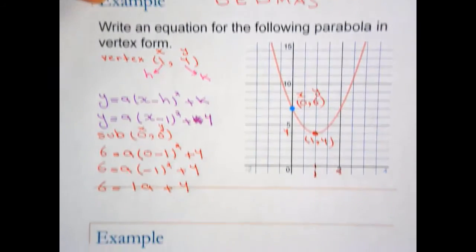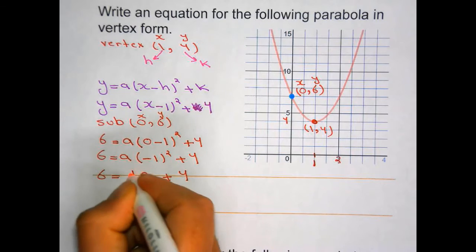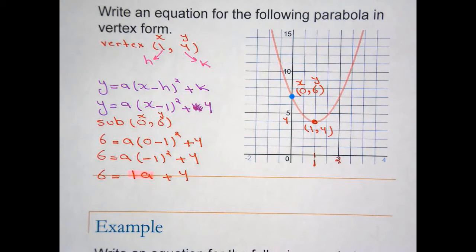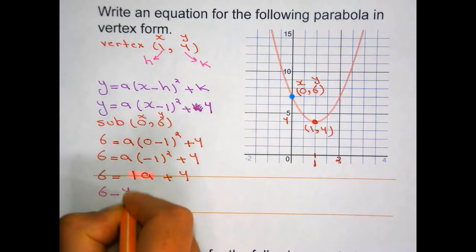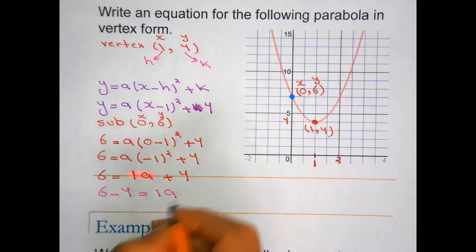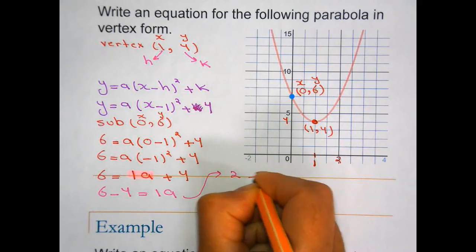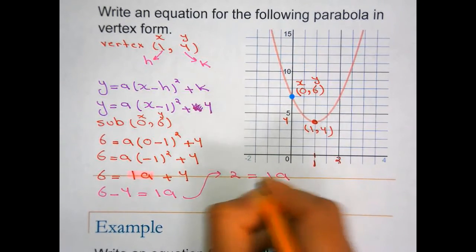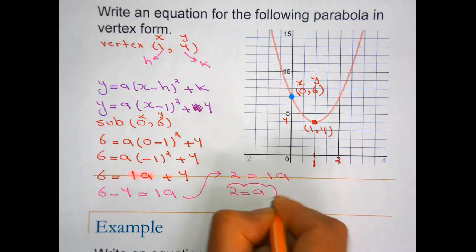And now we want to solve this. So the first thing is to isolate this. That means 4 has to go to the other side. So 6 minus 4 equals 1a. I'm going to continue here. 6 minus 4 is 2 equals 1a. And 1a is the same as a. So 2 equals a.